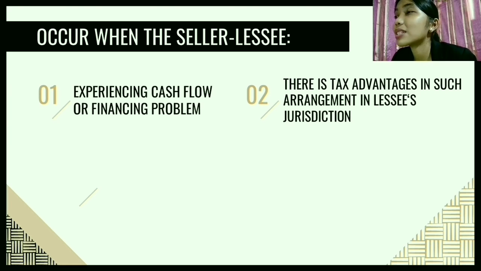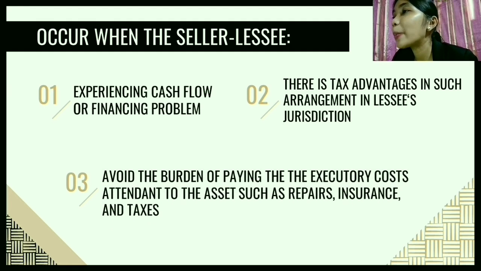Kaya pala gustong gawin ito ni seller kasi meron pala siyang tax advantages na makukuha kapag ginawa niya ang sale and leaseback. Pangatlo po and last is gusto niya lang pong ma-avoid yung burden of paying the executory cost attendant to the asset such as repairs, insurance, and taxes. Gusto niya lang naman pong makaiwas dun sa mga executory cost na kaakibat ng asset na yon.